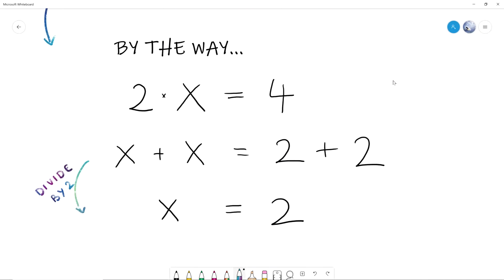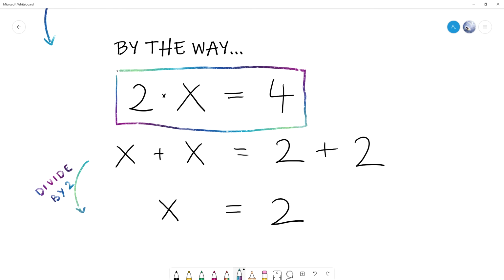So if I start with an equation 2x equals 4, so here's finally the variable coming up. I have 2x equals 4, and I want to divide this equation by 2. First I can rewrite the equation as x plus x, which is 2 times x, and 4 I can represent as 2 plus 2.